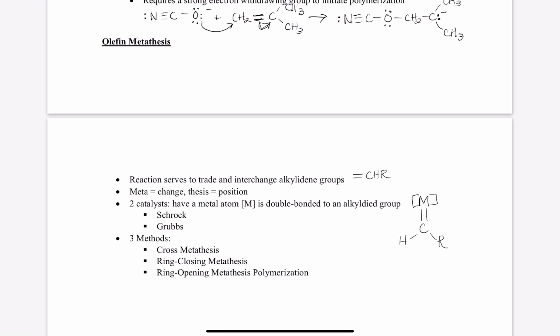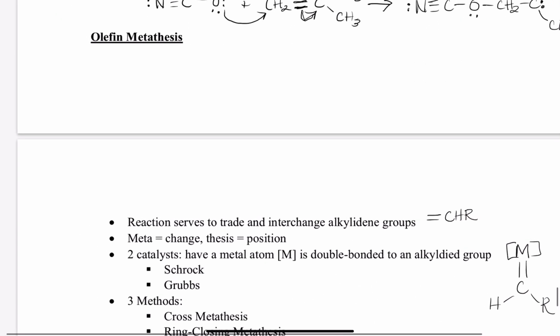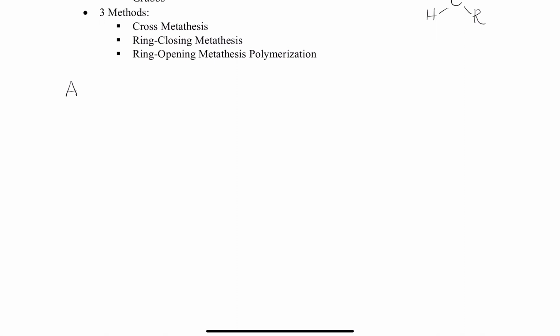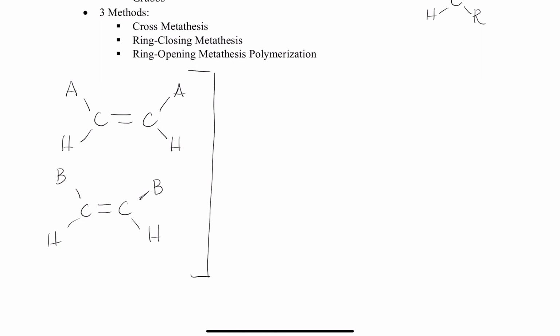But essentially, the main idea is, say we have alkene A and alkene B. What we would do is cleave our double bond in half, and we can see our alkylidene groups.